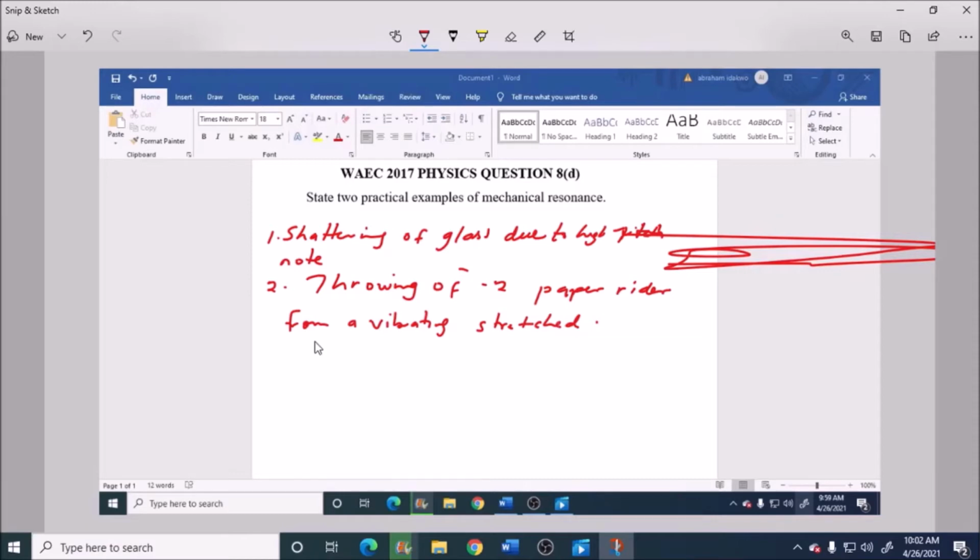Then we also have number four, collapsing of a bridge by marching soldiers.